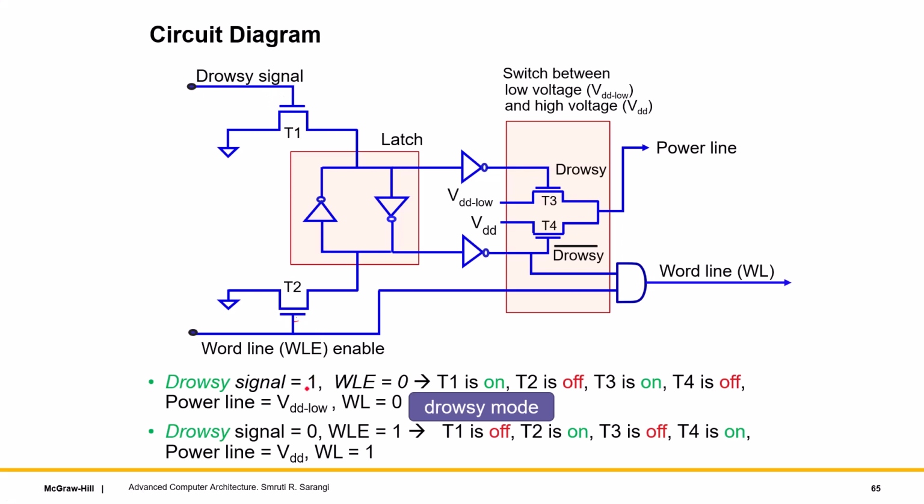So let us see what happens if the drowsy signal is 1. If the drowsy signal is 1, then the word line enable basically becomes 0.